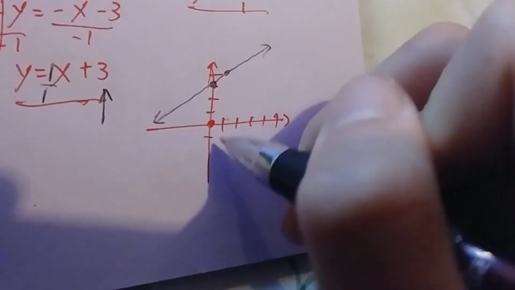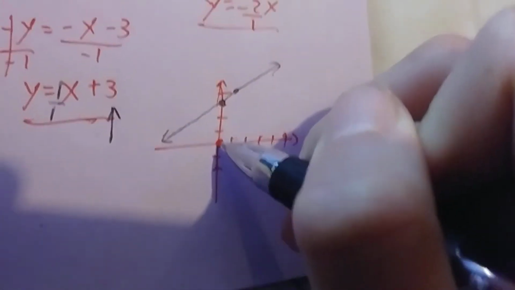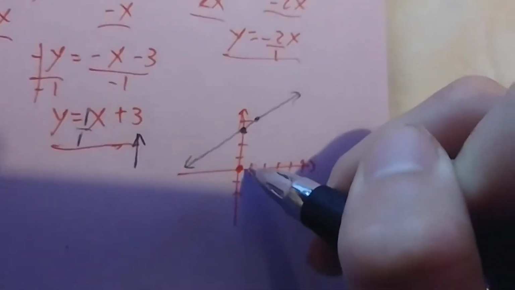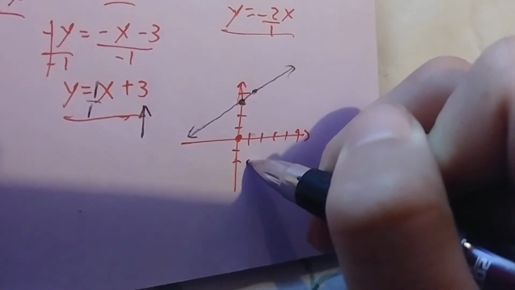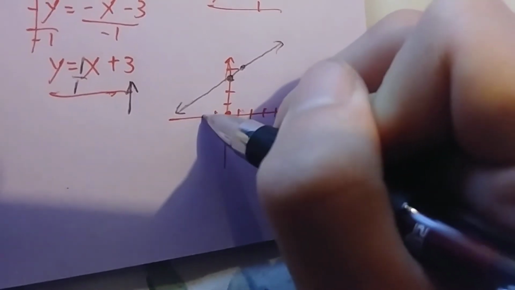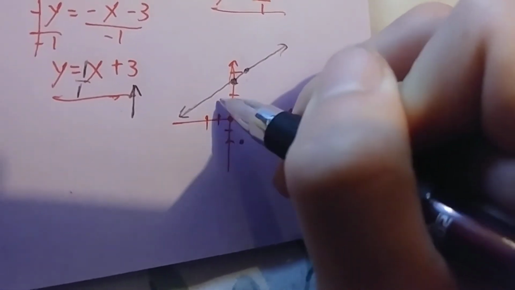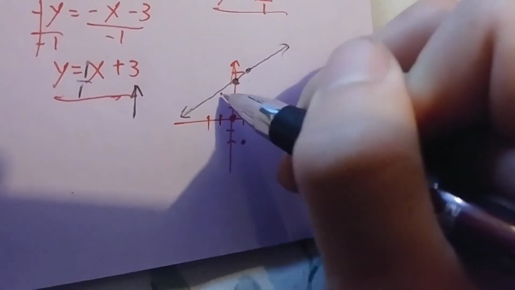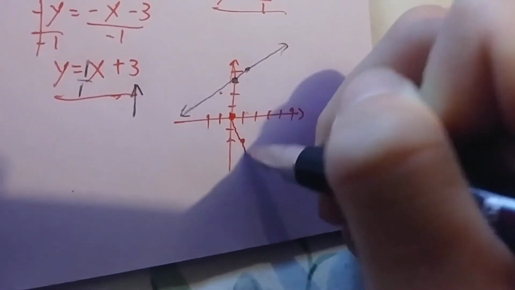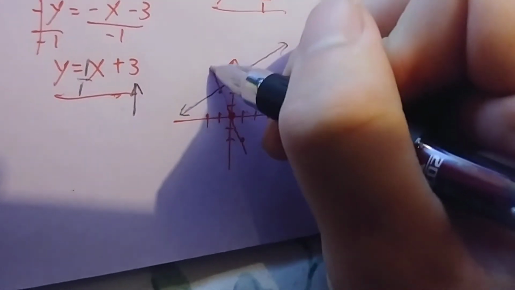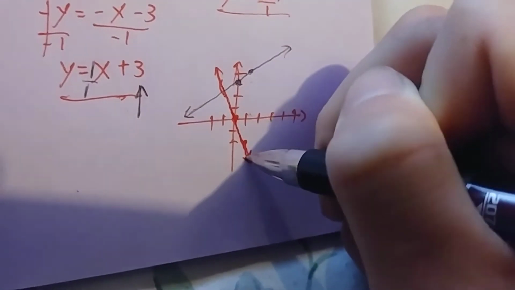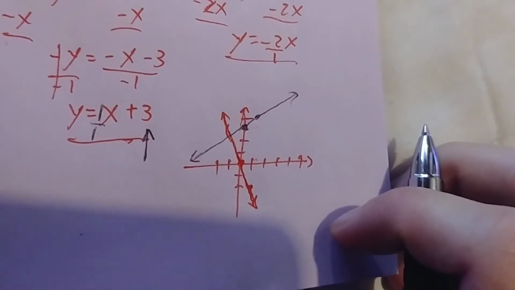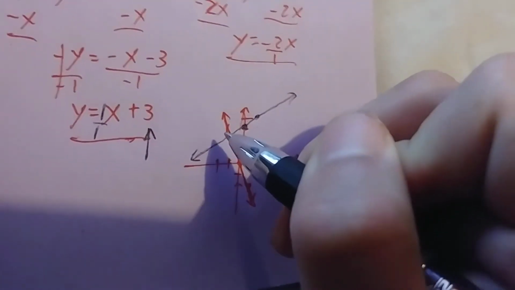But this time I'm going to go down 2 because it's -2. So move over 1 and go down 2. There's going to be my point. My line is going to pass through these points. There you go.